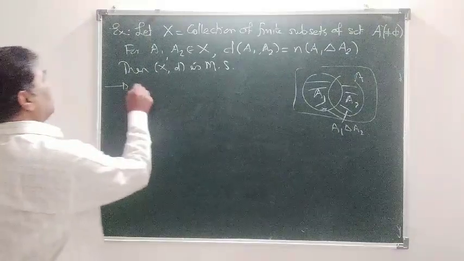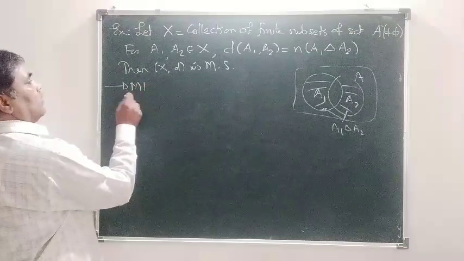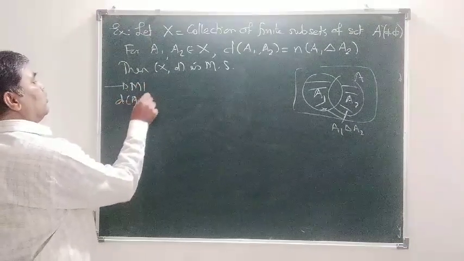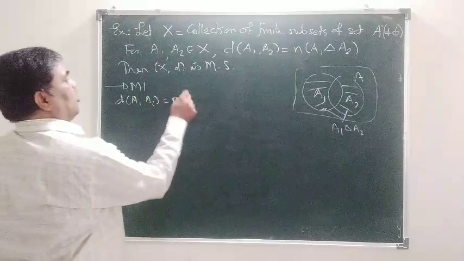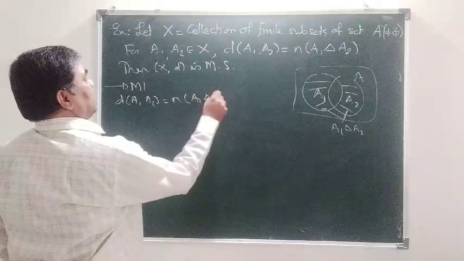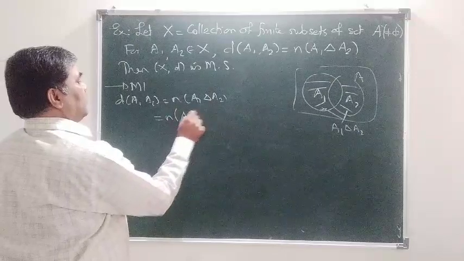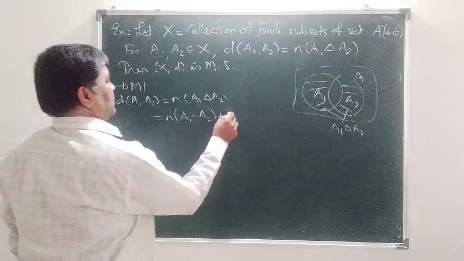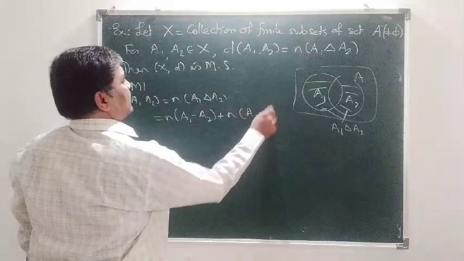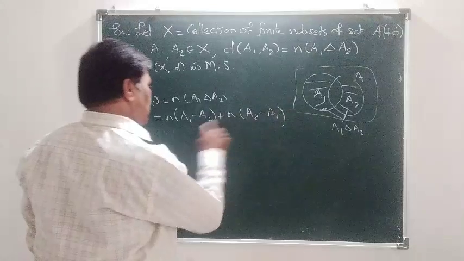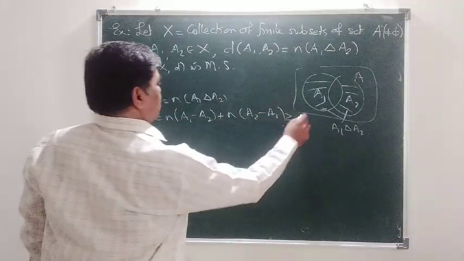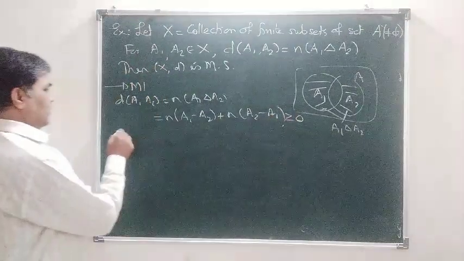First M1: D of A1 A2 is equal to the number of elements in A1 symmetric difference A2, which is equal to the number of elements in A1 minus A2 plus the number of elements in A2 minus A1, because these are disjoint sets, and this is greater or equal to 0.